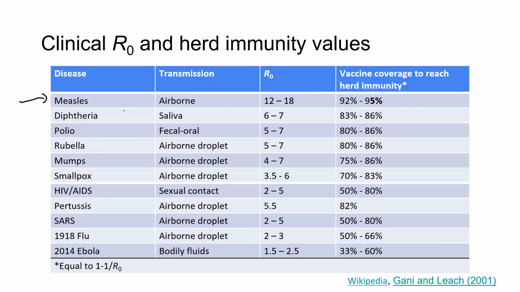And the MMR vaccine has allowed measles to be eradicated in many developed nations to the point where there is a high level of herd immunity in relationship to its high infectivity. So the reason that we don't hear about outbreaks of measles until recently is that places that had good vaccine coverage were able to get a good amount of herd immunity.